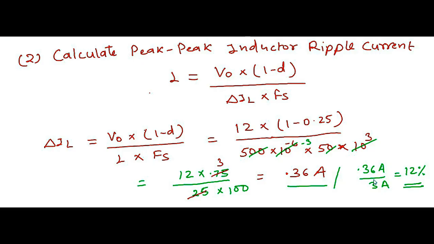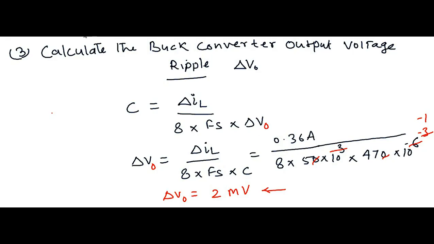Now let us calculate the third question: calculate the buck converter output voltage ripple. How are you going to calculate the output voltage ripple, which is given by delta V naught?